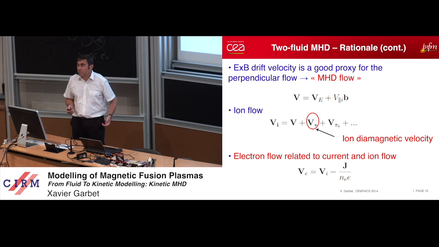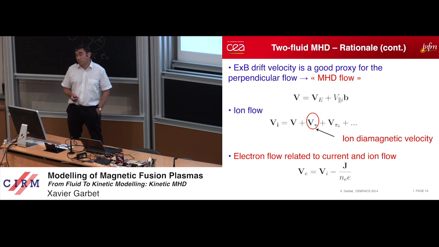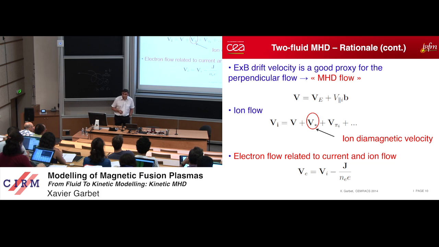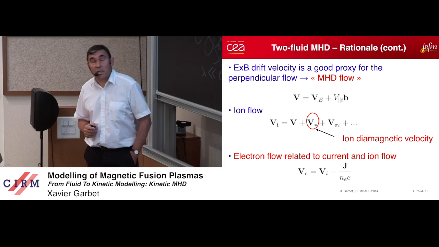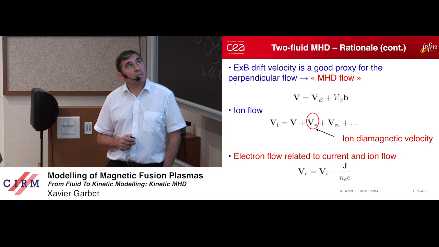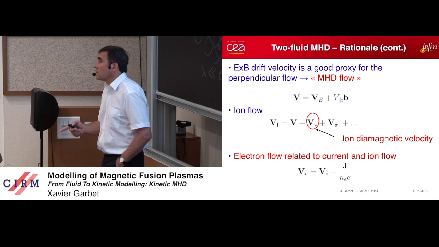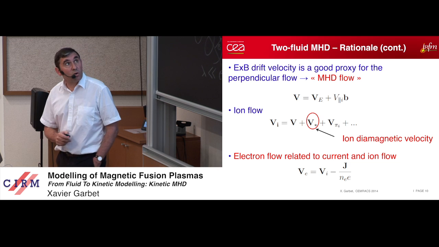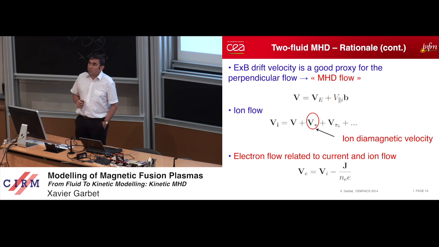In particular, in some textbooks or papers, the MHD flow is actually the ion flow, so it does contain the ion diamagnetic velocity. So let's start with a definition of the MHD flow, which is V equals V E cross B plus the ion parallel velocity times b, small b being the unit vector along the field.